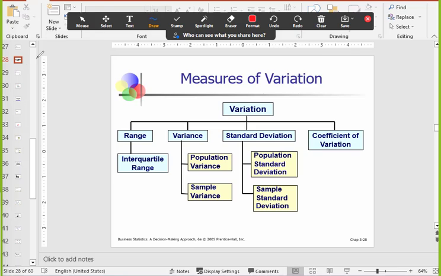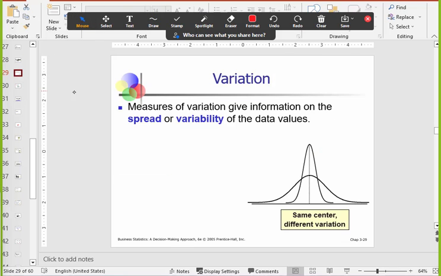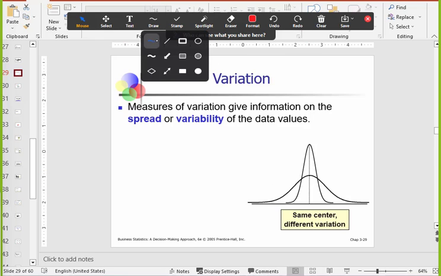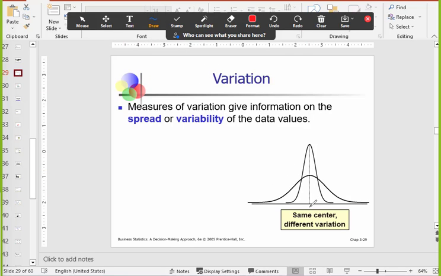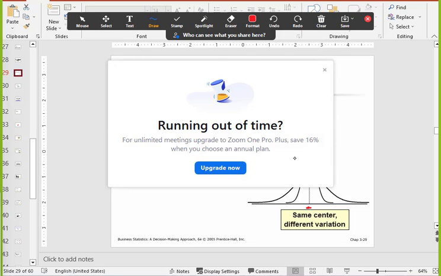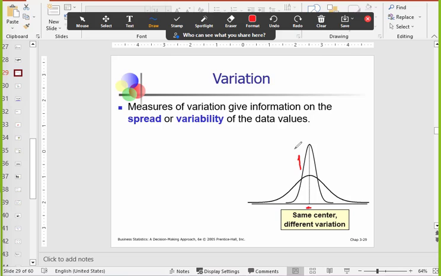So we'll start with the first slide. We start with what is variation. Measures of variation give information about the spread or the variability of the data values. In this example, there are two different data sets which have the same center, but one of them has a high peak, another has a high width.